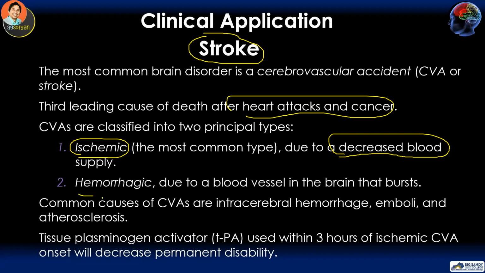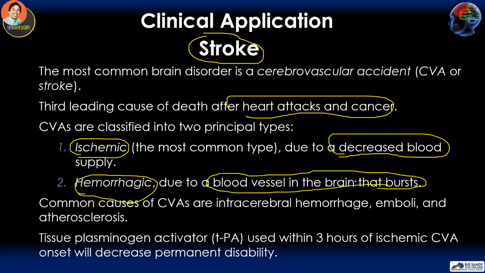Or maybe hemorrhagic, which is due to the bursting of blood vessels in the brain. It causes the brain to not get enough blood, especially oxygen.